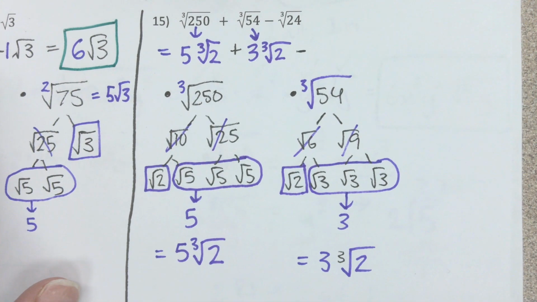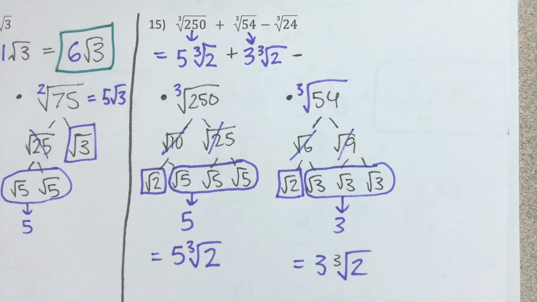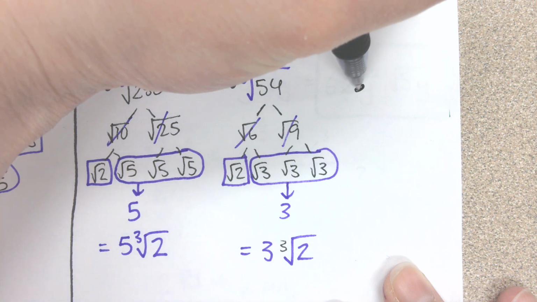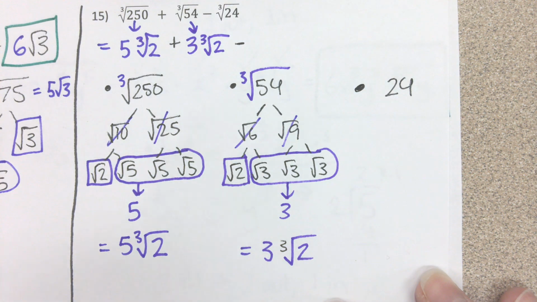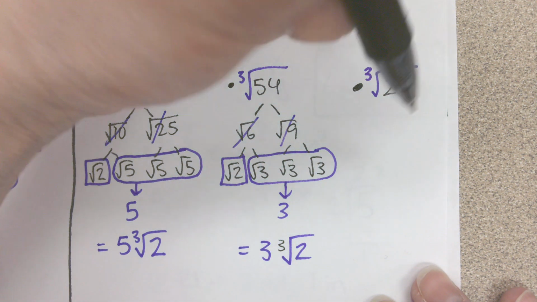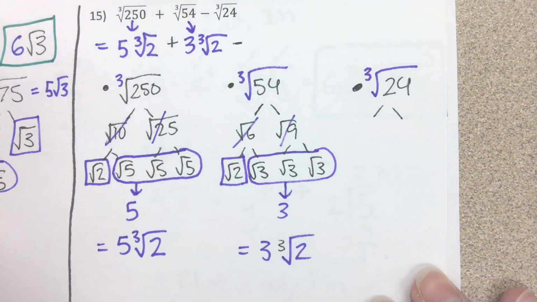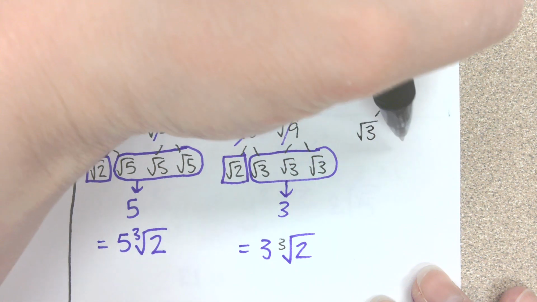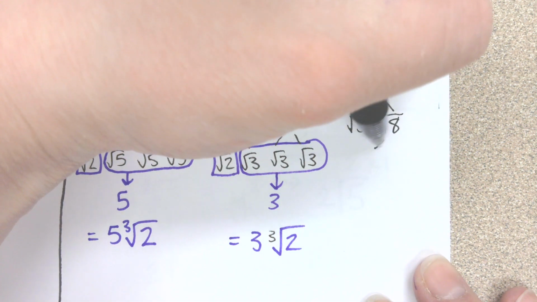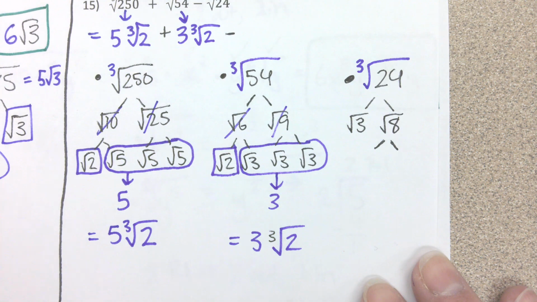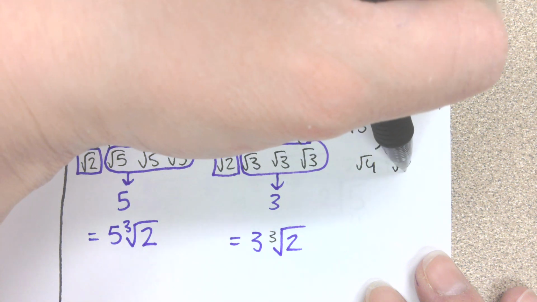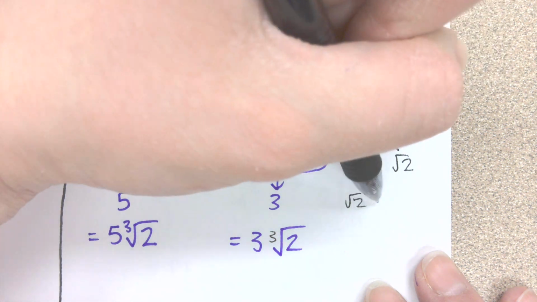Minus, and then we got to break down the 24. 24, this time I will go 3 and 8. Again, if you choose different numbers from me, you should still get the same answer, as long as they are multiples of 24. 8, we can go 4 and 2. And then the 4 breaks down into 2 and 2.